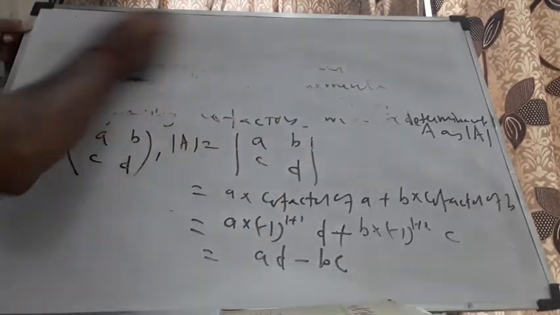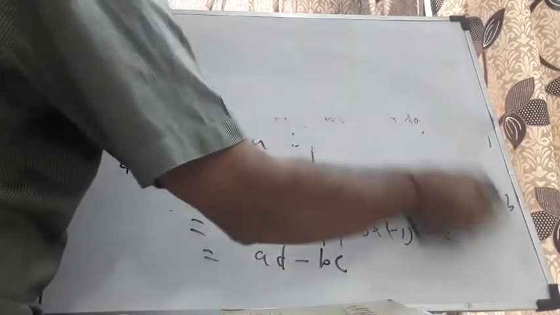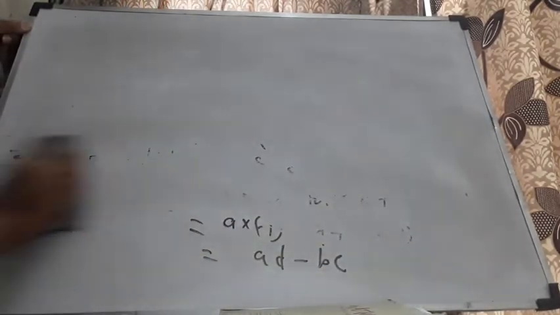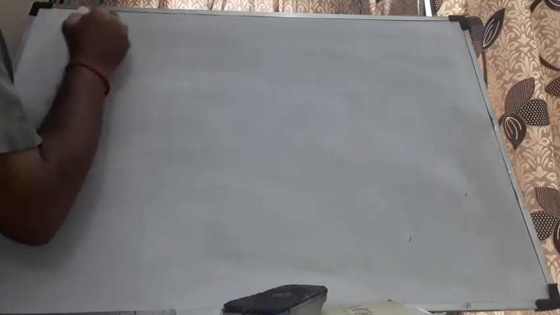I'll move on to the next stage. I'll take another example. Find the determinant 2, 4, 7, 1.